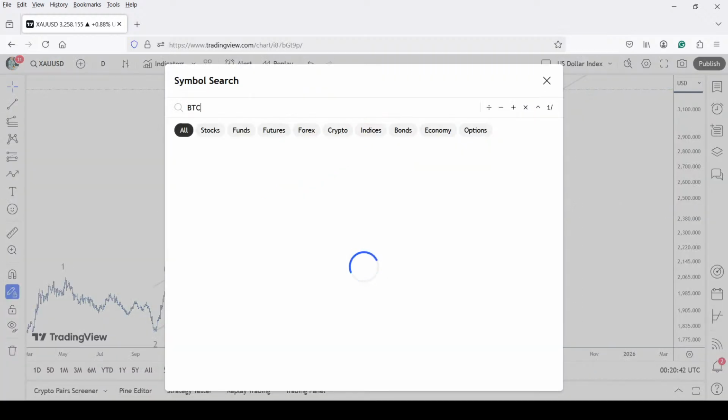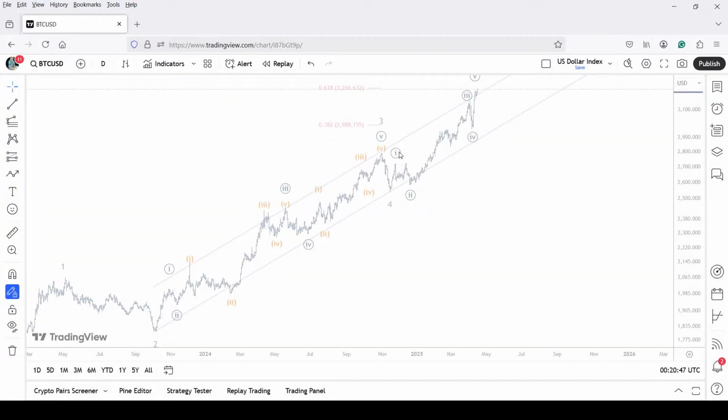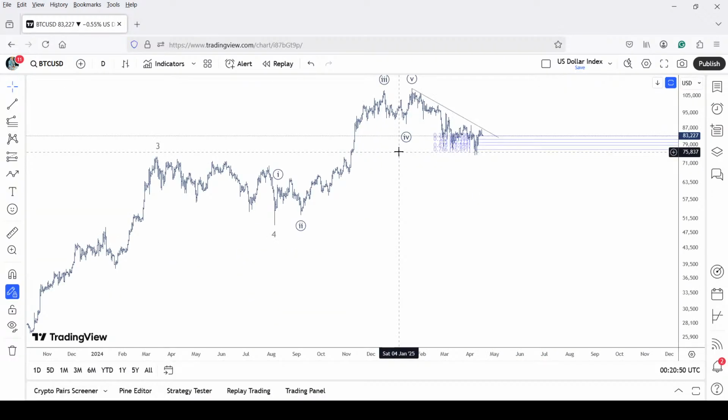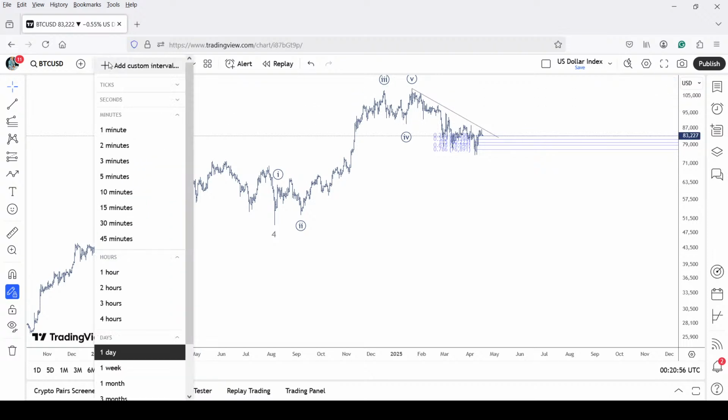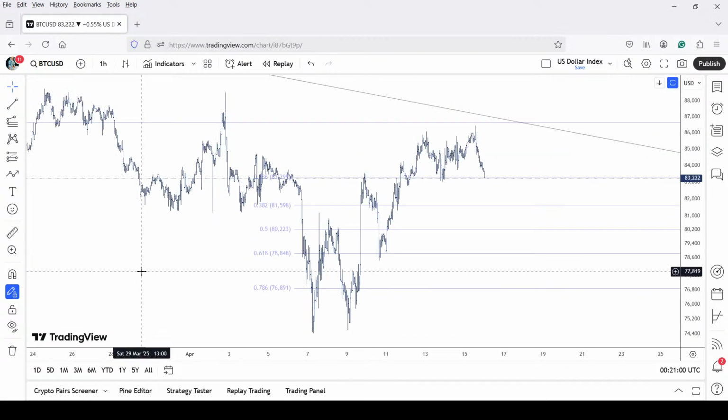Still, Bitcoin is around 80. Sorry for that cough. So Bitcoin is kind of still hovering around that.